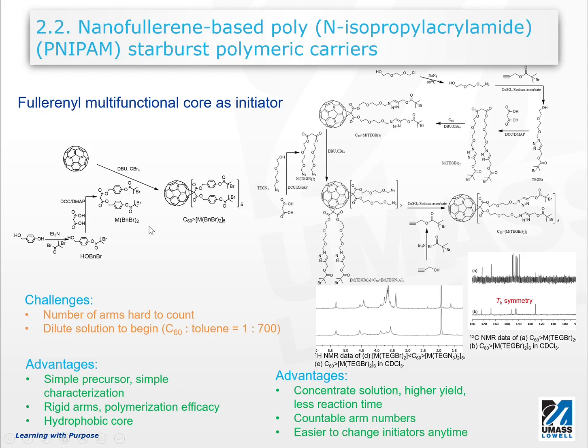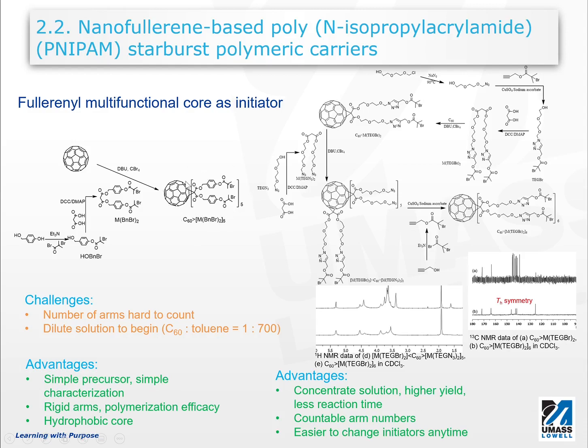However, there are some drawbacks to this type of molecule. First, the number of arms, or the number of malonate groups on the fullerene core, is very hard to count, because they are all the same and all on the fullerene surface. One malonate on the fullerene surface compared with five malonates shows no obvious difference on the proton NMR, so we cannot determine exactly how many arms we have.